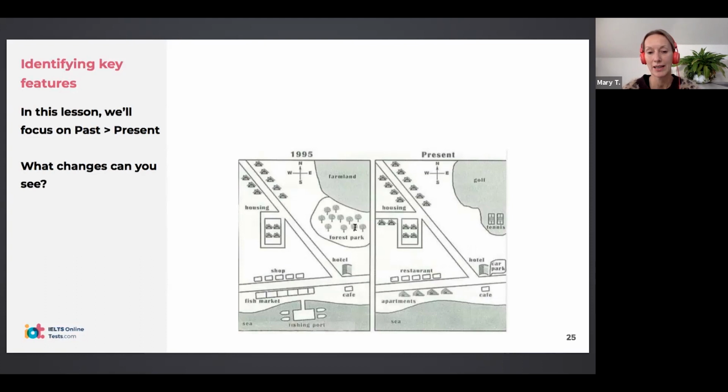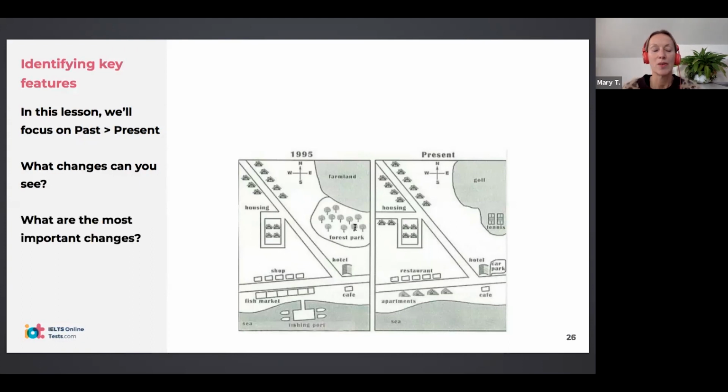So fish market is gone. Yeah, farmland to golf course. No shops. Okay, the shops are restaurants. That's right. More housing. There's a car park. Less green areas. Golf course. Yeah, so you're getting most of the changes there.